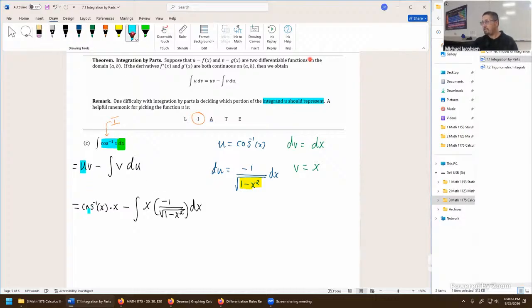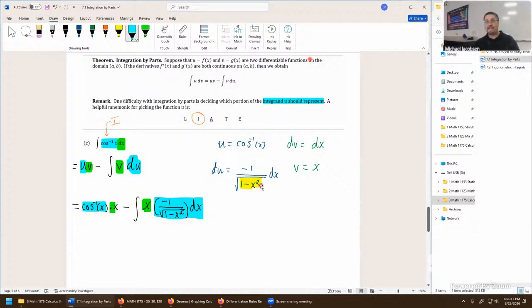So here's how we substitute it in. u is cosine inverse. And du is its derivative multiplied by dx. v is x. And so it goes in those slots as well. So it probably doesn't look great, right? We went from cosine inverse. Actually, that's a pretty complicated function.